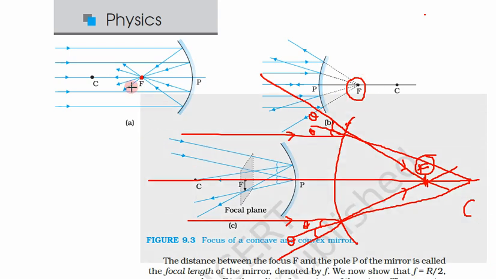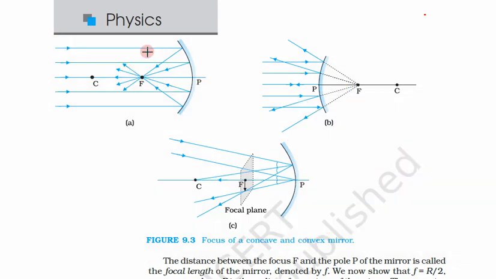But what is the difference between the focal point of the concave mirror and the convex mirror? Here we are actually getting the light beam, because the light beam is reflected through this point. Here this focal point is an imaginary point.